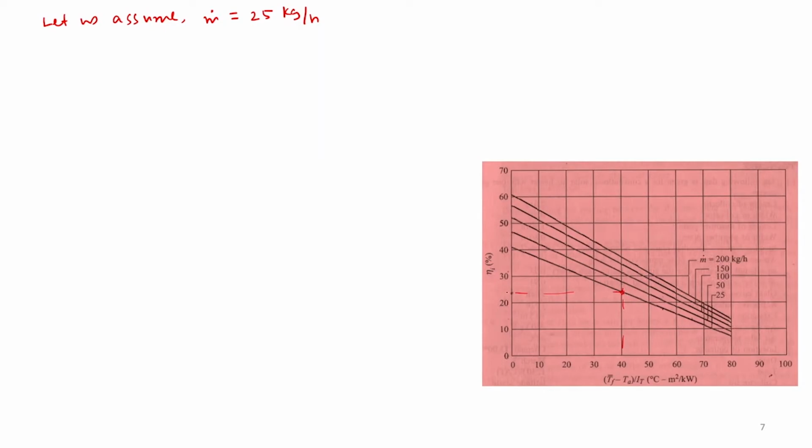At the x axis parameter (TF bar minus TA) to IT, which is equal to 40 degrees C meter square per kilowatt, this efficiency is found to be 24.2%.